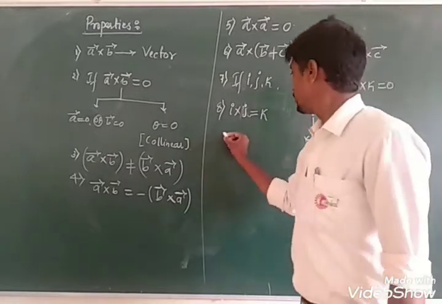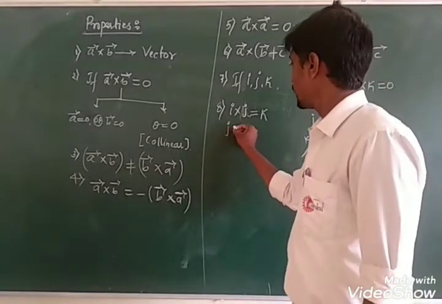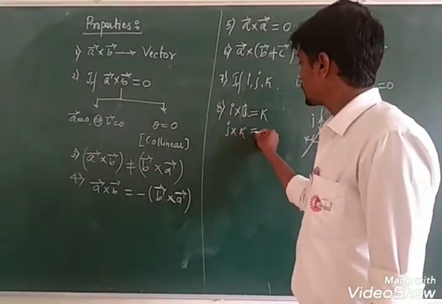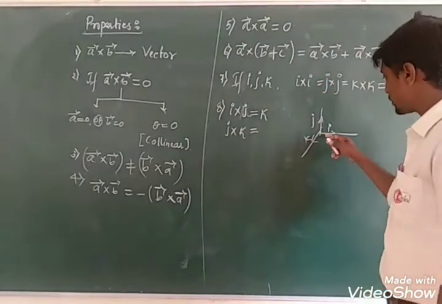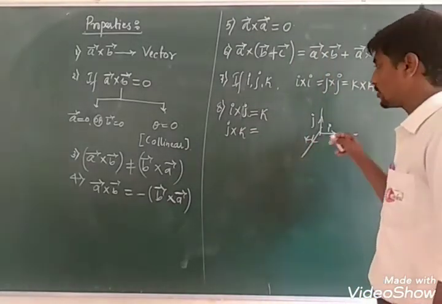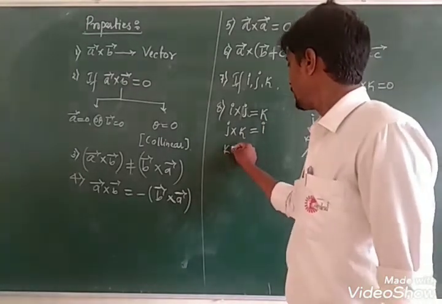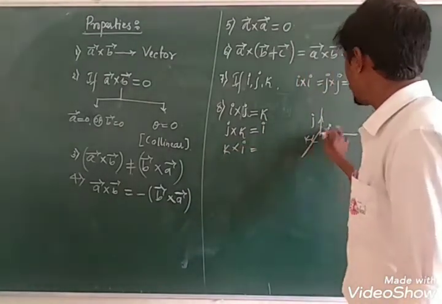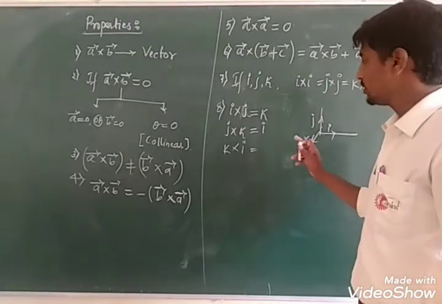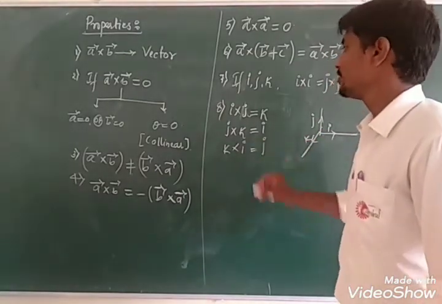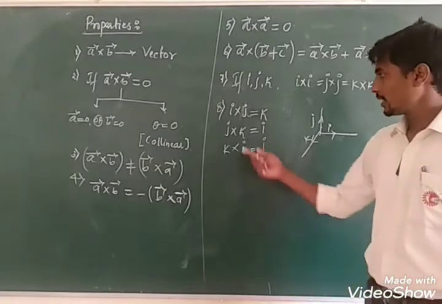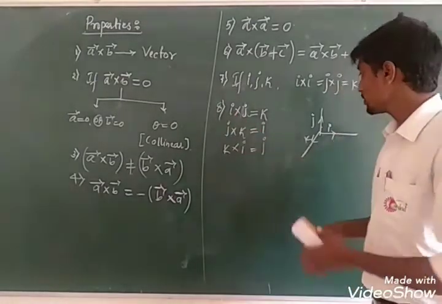If I consider J cross K, it is perpendicular in this direction, so it is I. K cross I will be in this direction, so it is J. Look at the order I considered here: there is a cyclic order.